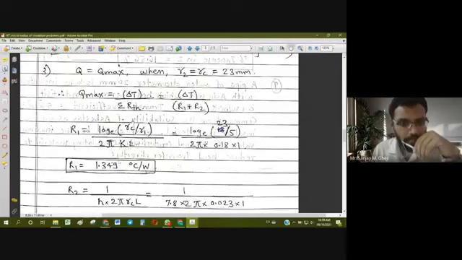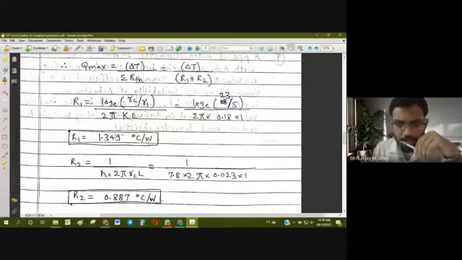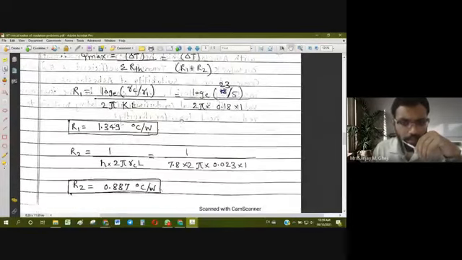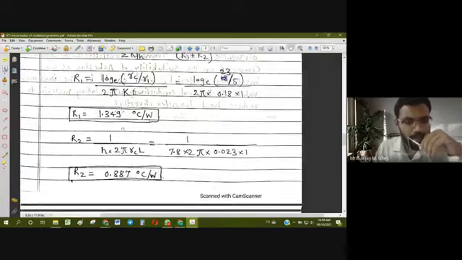Only this value will change, the rest remain the same. Put it in this relation and do the calculations, and you get a resistance equal to 1.349 degrees Celsius per watt, or Kelvin per watt.